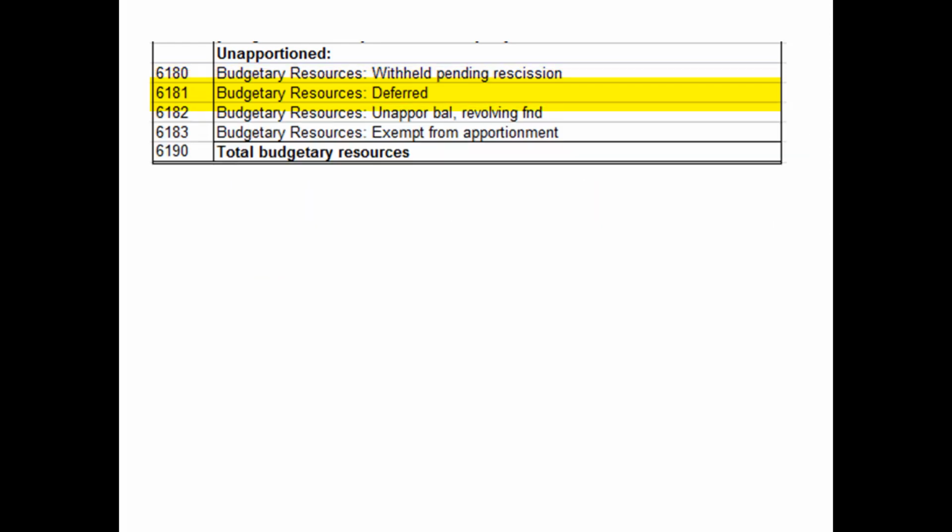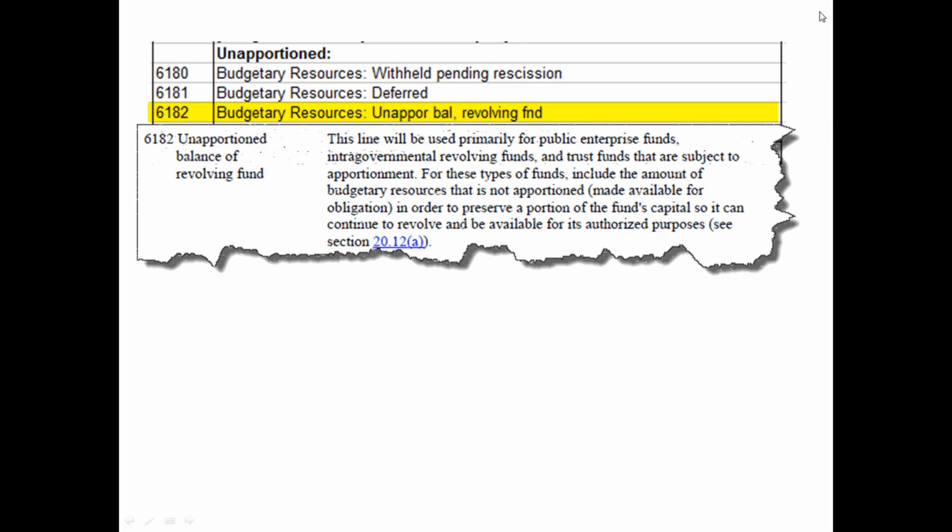The next line in the unapportioned section is 6182. Unapportioned balance of revolving fund. As noted, this line is used primarily for public enterprise funds, intragovernmental revolving funds, and trust funds subject to apportionment. These are amounts that have been collected in business-type operations that are not needed for the current year.